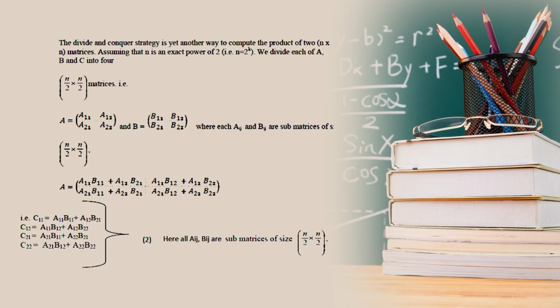Similarly, B will be B11, B12, B21, B22. Actually it is not one element, it is a whole matrix. What it means is that A11 is a 2 by 2 matrix, A12 is again a 2 by 2 matrix, A21 is again a 2 by 2 matrix, A22 is again a 2 by 2 matrix. Similarly for B also.